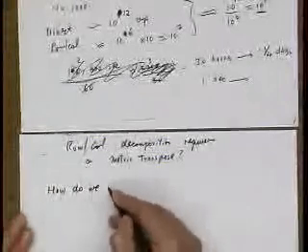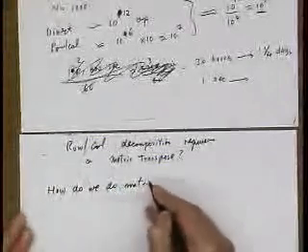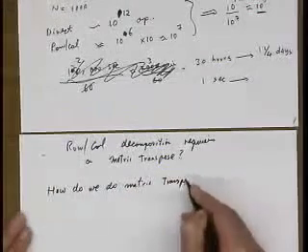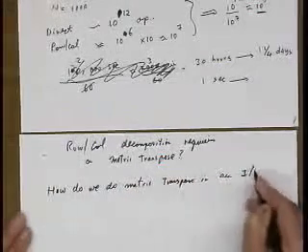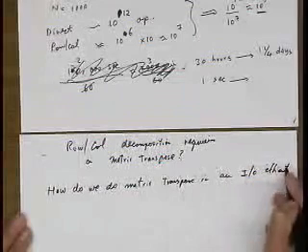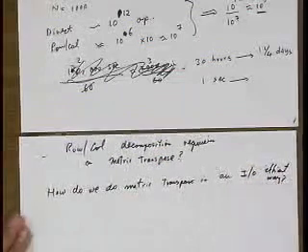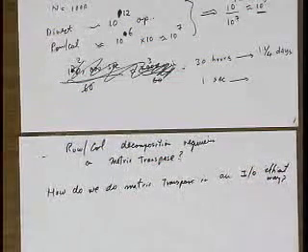So the question is, how do we do the matrix transpose in an IO efficient way? That's kind of the key question you want to ask yourself.